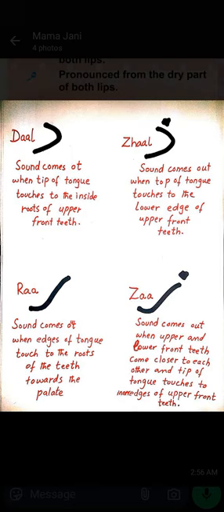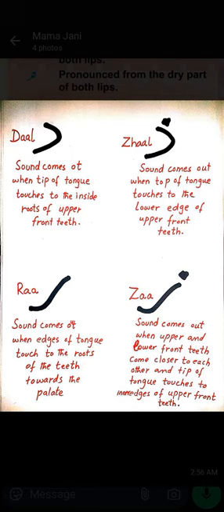Alhamdulillah, today we learned these four letters, their origination points and their sounds. The difference between dal and zal is that their shapes are the same, but the dot is different: dal is without any dot and zal is with one dot above it.